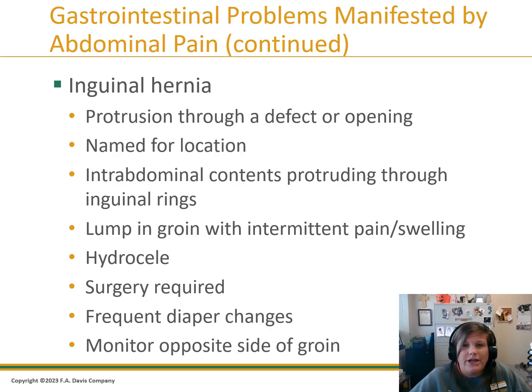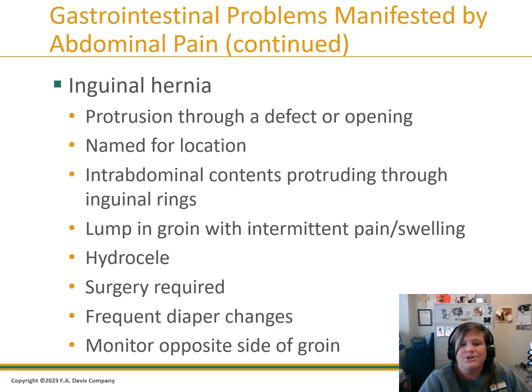But in this one, we're talking about an inguinal hernia. We're talking about the inguinal region, so that groin area. And this is very typical in our babies, our infants and young toddlers. So basically what happens is there's this protrusion of tissue through a defect or an opening in that inguinal area.